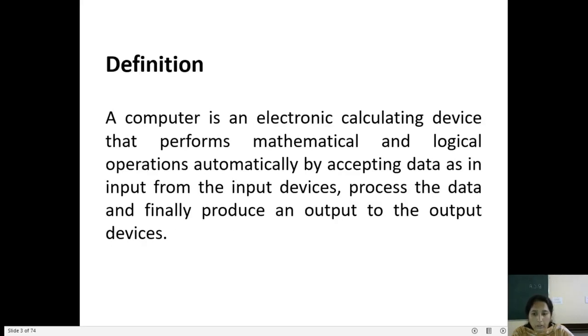So let's understand the definition of a computer. What is a computer? You know very well, a computer is an electronic device which accepts data, processes data and displays the result. This is the basic general definition of the computer.